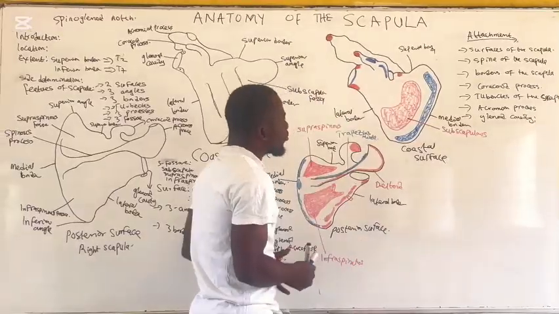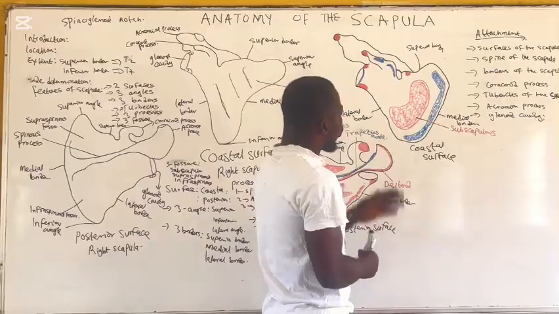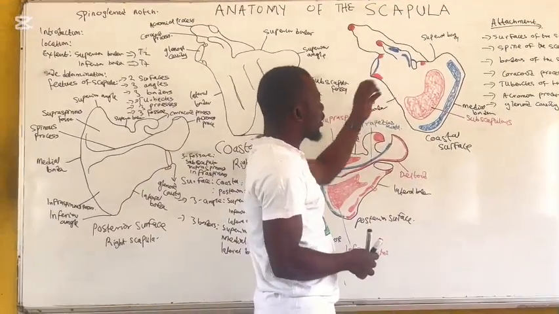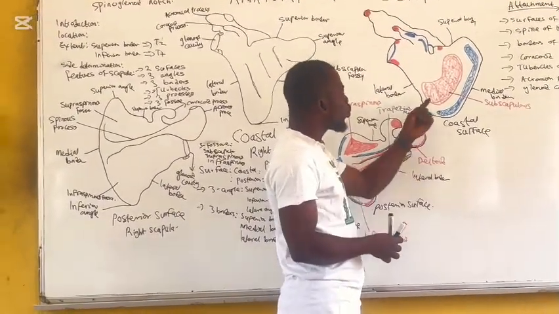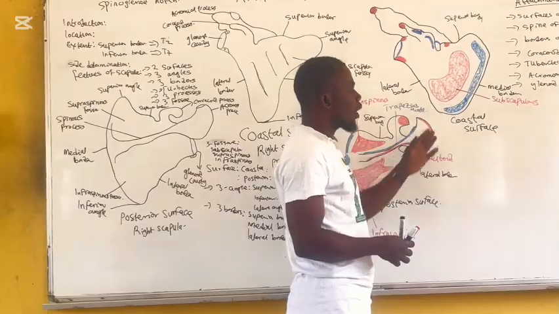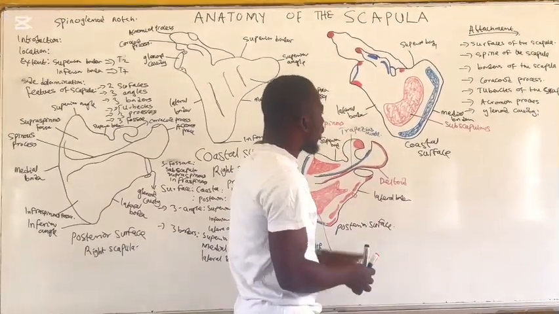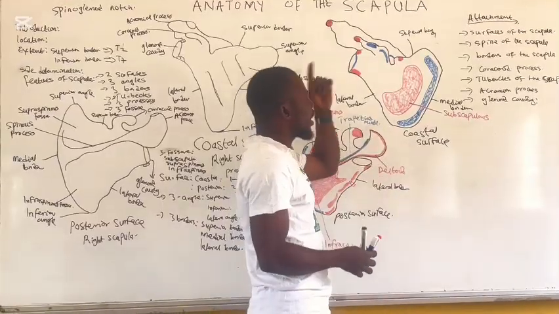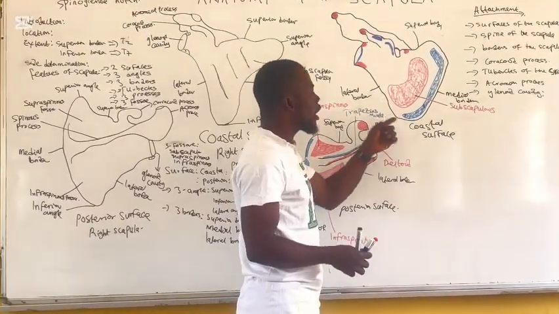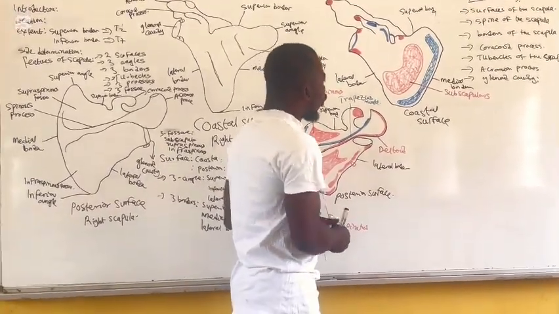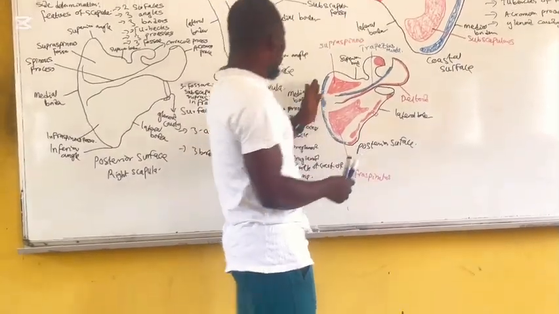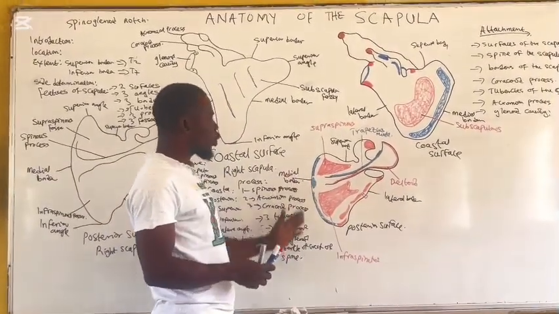The eight digitations of the serratus anterior muscle are inserted into the medial border of the costal surface of the scapula.